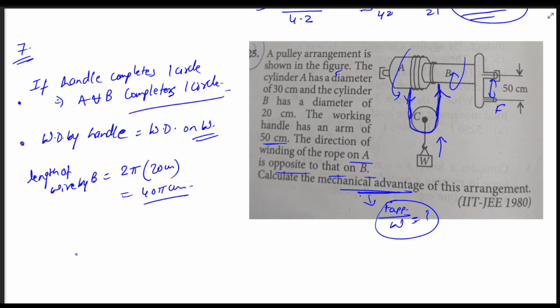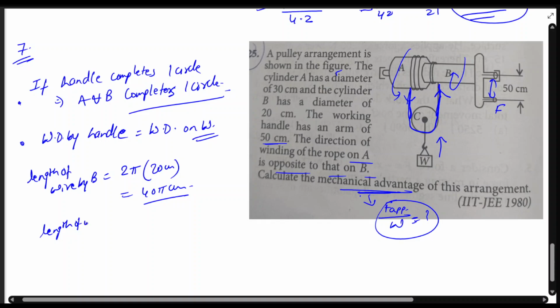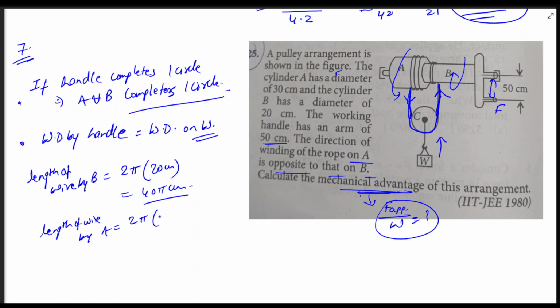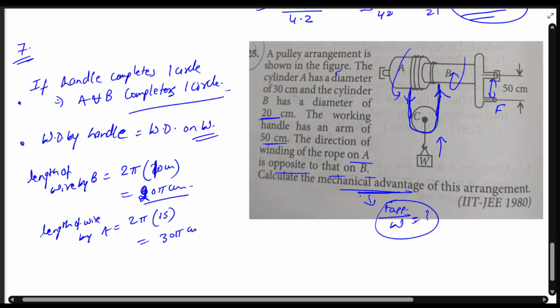And the length of wire released by A will be 2 pi times, it is diameter, so I have to take 10, so it will be 20 pi. Okay, so this is 15, we have to write 15. We'll get 30 pi centimeter.